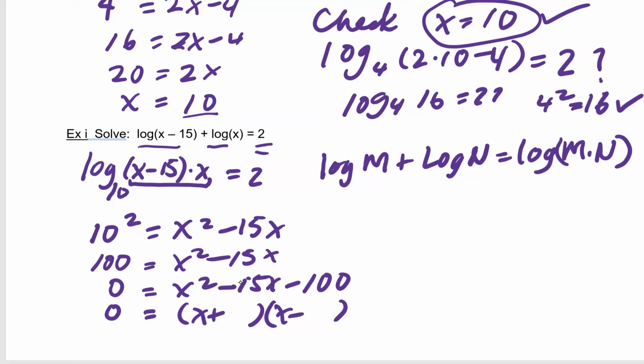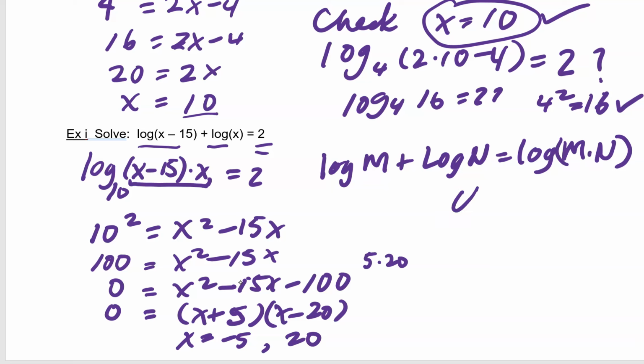And testing out factors of 100, we can think perhaps 5 times 20, and the difference of 5 and 20 will give us a negative 15, so we want the larger magnitude to be negative, so we've got a minus 20 over here, and then positive 5 for the other factor. Now, when we get these two factors, we get either x is equal to -5 as a solution, or the other is that it's positive 20 as a solution.